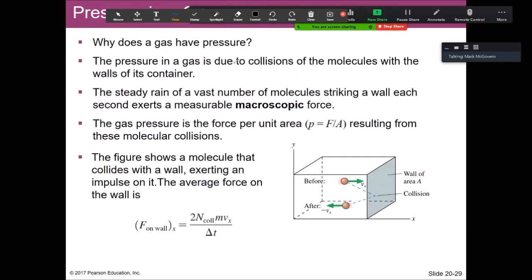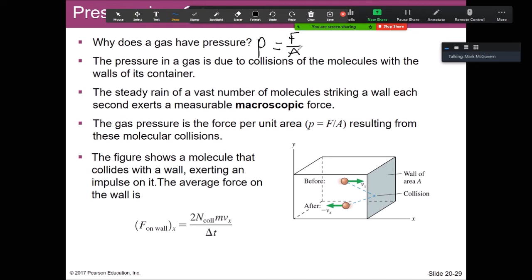So what's pressure? Pressure is force over area. Well, what force? The force is the collisions that are taking place between the molecules and the walls of the container. Ultimately, that's what we're looking at here.